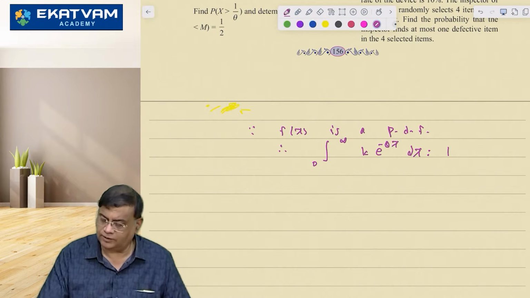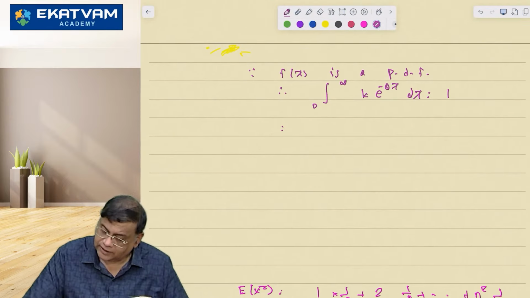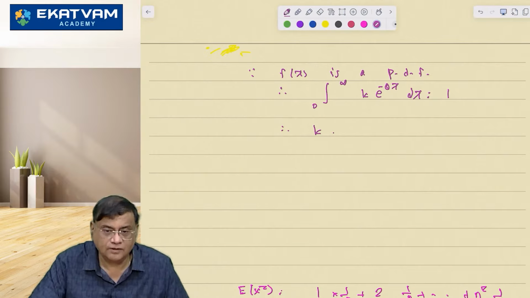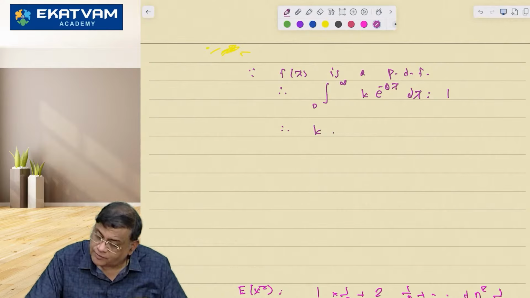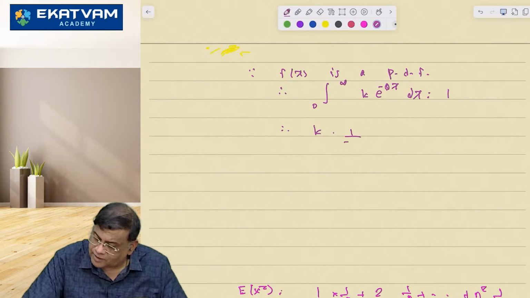Now, for a minute, nobody will write anything. Now k as it is. What is the integration of e raised to something? Before that, the coefficient of x is minus theta, and therefore you have to divide by that minus theta.